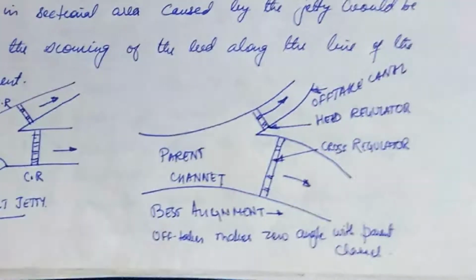So this type of alignment is said to be the best alignment. Best alignment is the one when the offtake makes angle 0 with the parent channel. You can see here there is a very smooth transition with no sharp angle made anywhere.